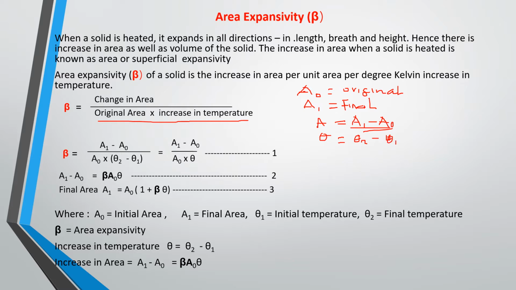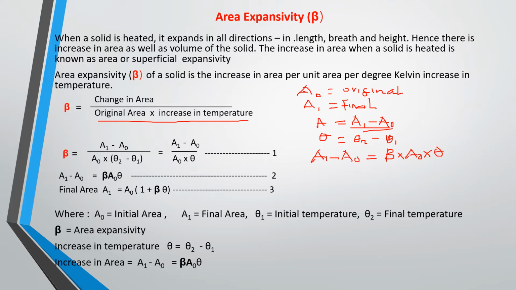So we can write that increase in area is equal to the area expansivity, represented by beta, multiplied by original area times change in temperature.